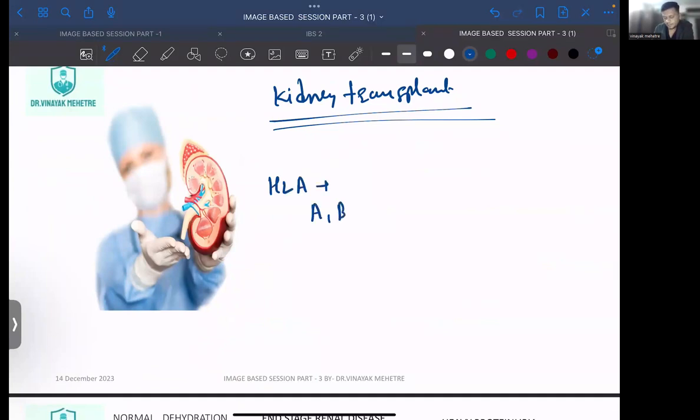A, B, C, DP, DQ, and DR. DP, DQ, DR. That means total how many HLAs should match? It is 6. It is not 3. It is 6. And which is the best donor?